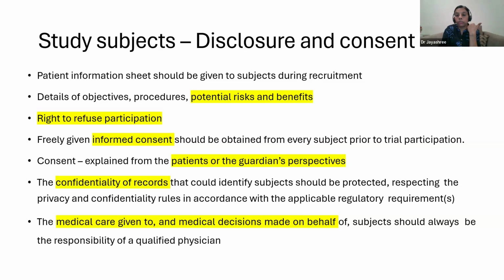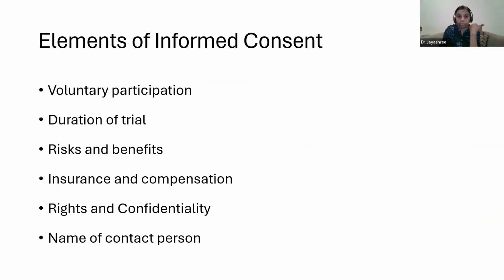The identification of the subjects has to be protected. It has to be anonymized, and the privacy and confidentiality rules in accordance with the applicable regulatory requirements have to be followed. And as I said in my previous slide, the medical care which is given and the medical decisions which are made on behalf of the subjects should always be the responsibility of a qualified physician.